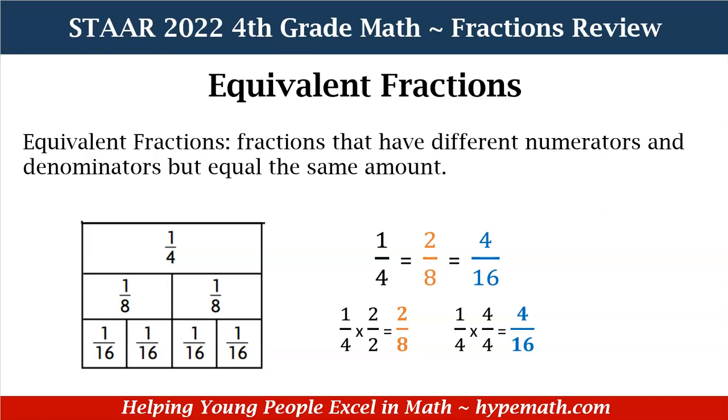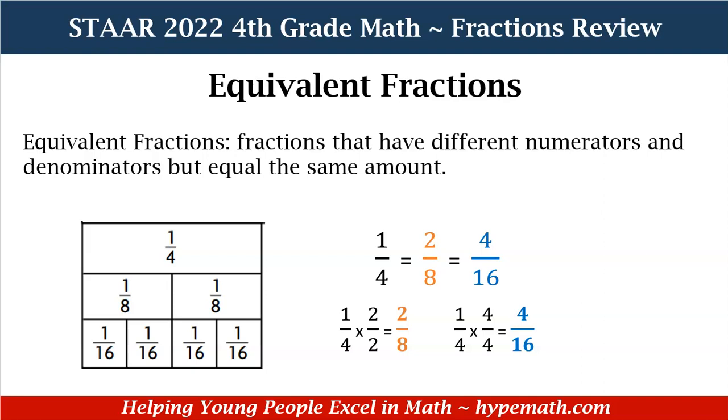I'm glad you asked. Whenever you have equivalent fractions, what you need to do is multiply or divide by the same number in the numerator and in the denominator. So for example, 1/4, we multiplied 2 in the numerator and in the denominator in order to equal 2/8. And that is how 2/8 is an equivalent fraction of 1/4.